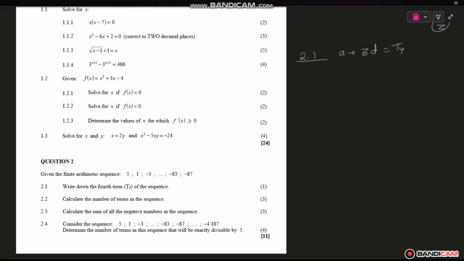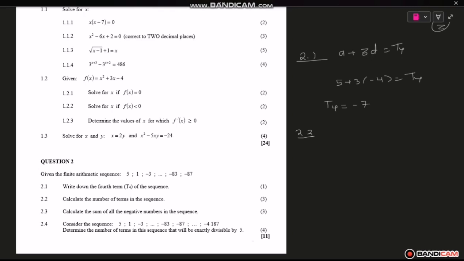So a plus 3d equals T4. a equals 5 plus 3, d equals negative 4, this is equal to T4. Therefore, 5 minus 12 is going to get the same negative what? Negative 7. So this is how you actually solve for T4.